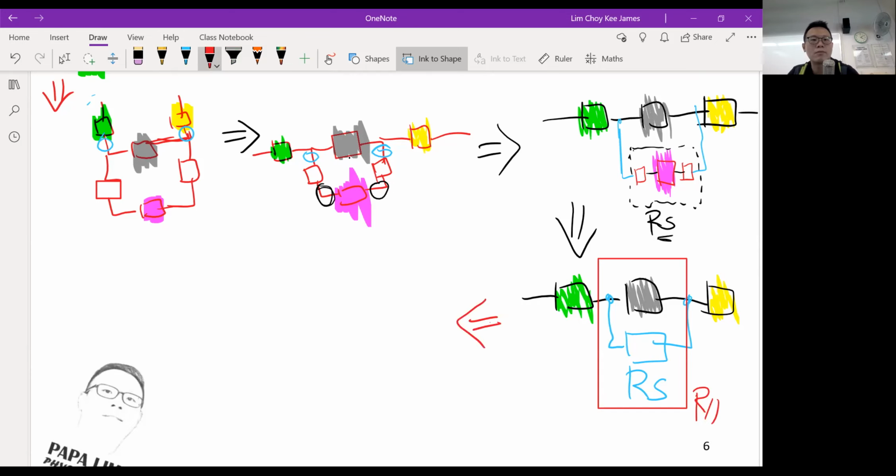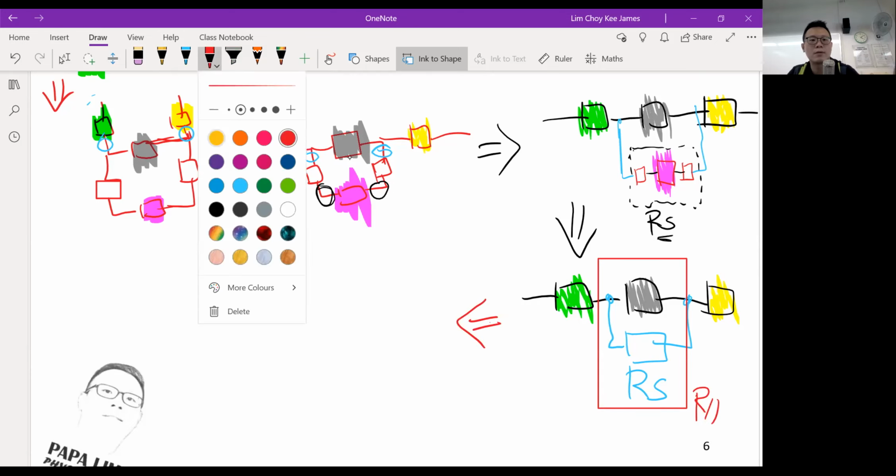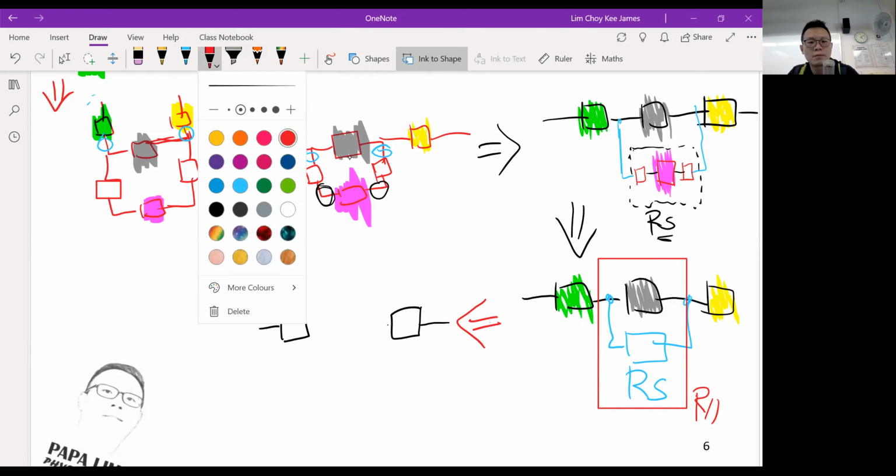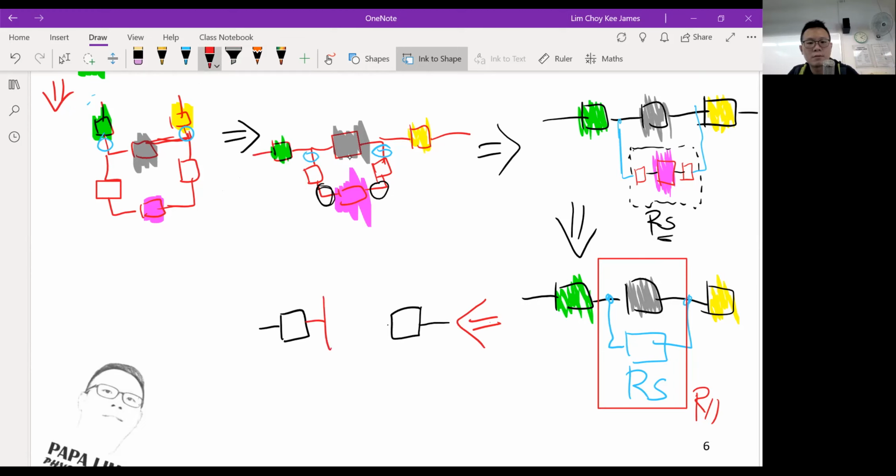Now if you sum it, your circuit becomes this way. This is your R parallel.